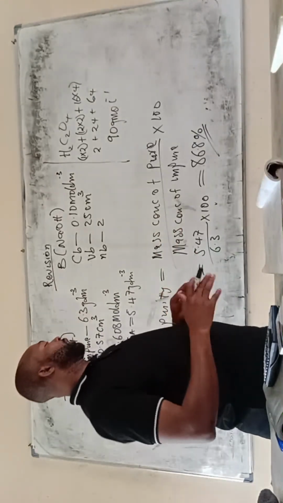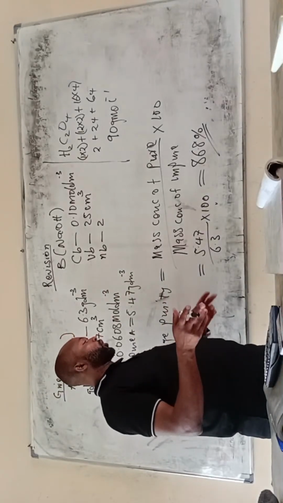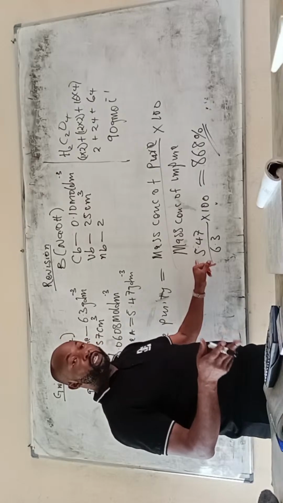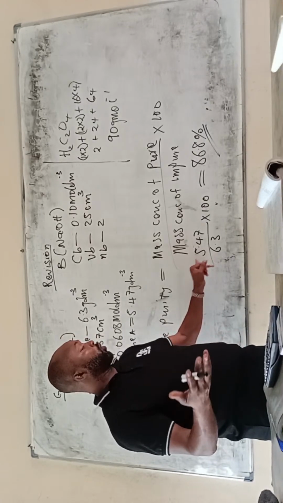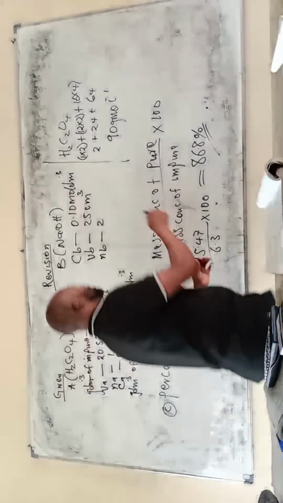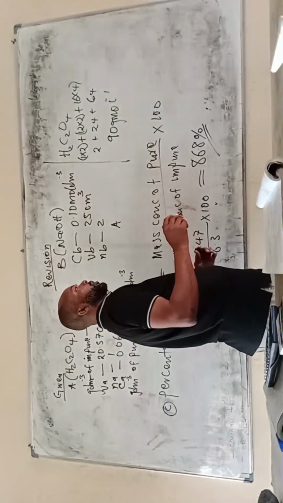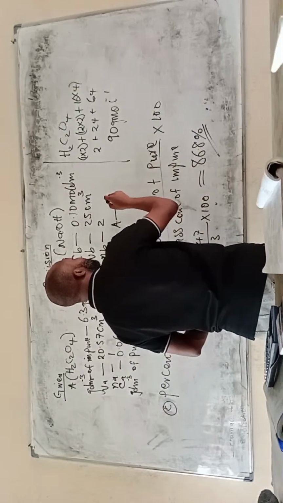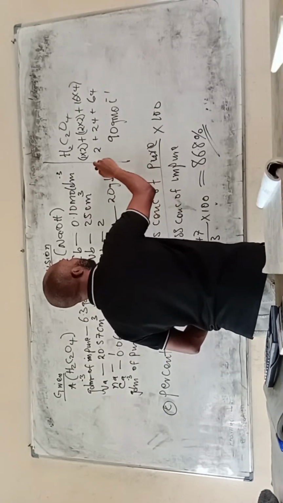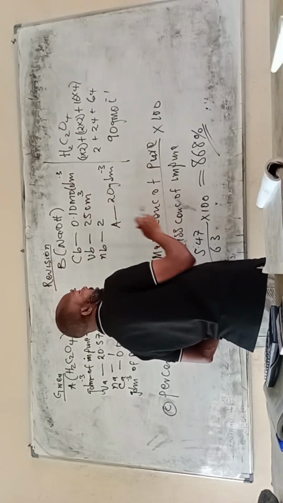All right. Now, another thing I want you to understand: why is the mass concentration of pure lower than that of impure? If this is a sample A, it is having some impurity, let's say 20 g/dm³. The mass concentration here is 20 with impurity.